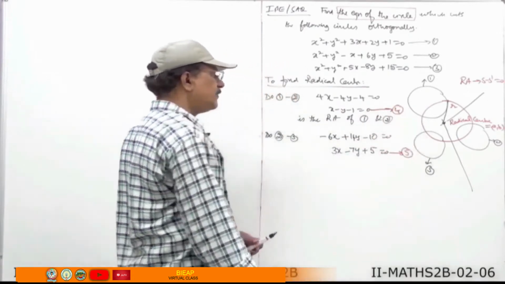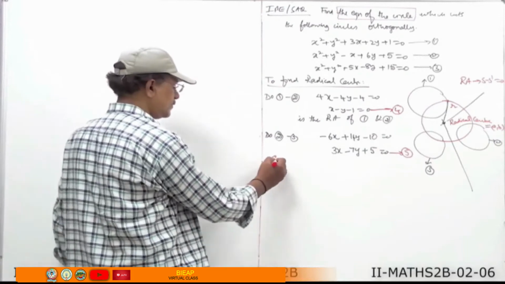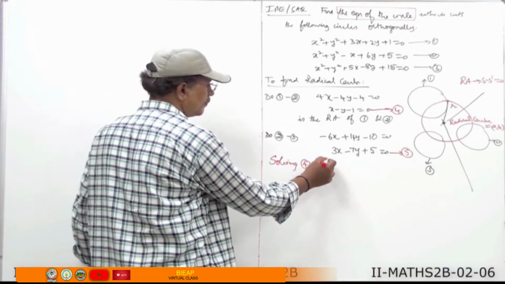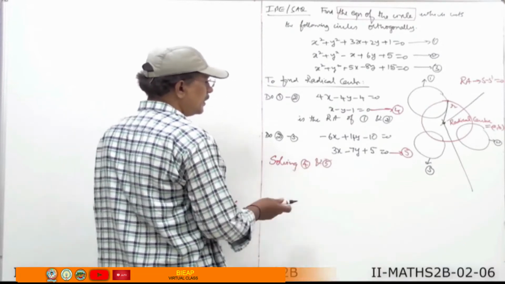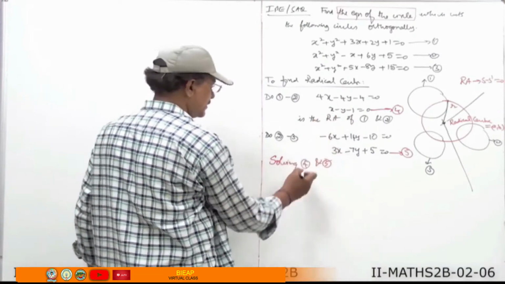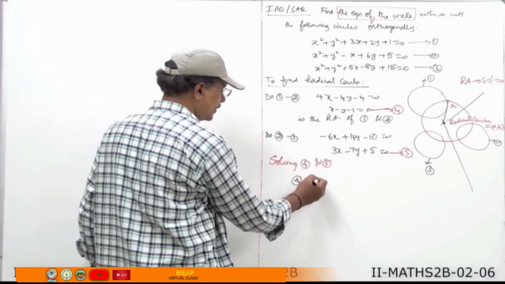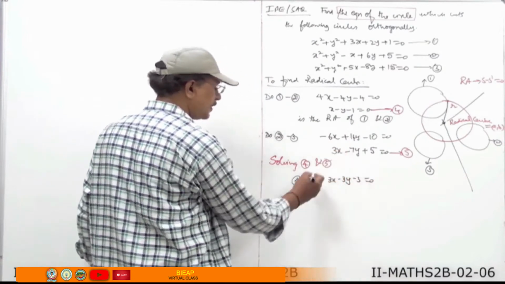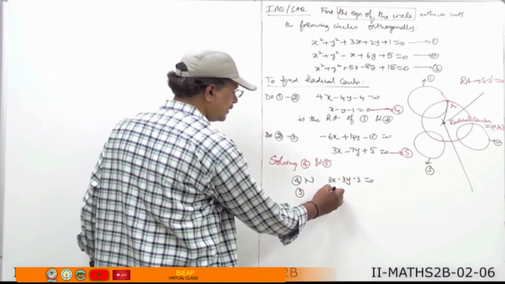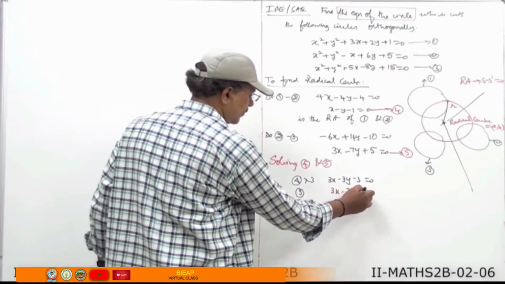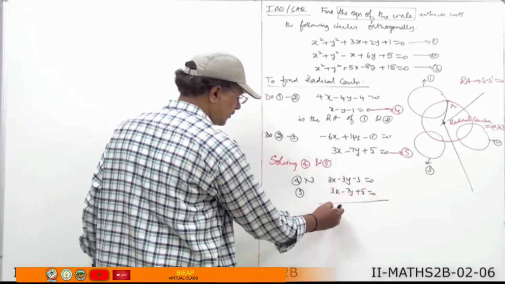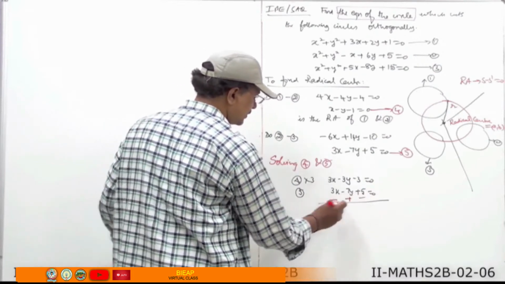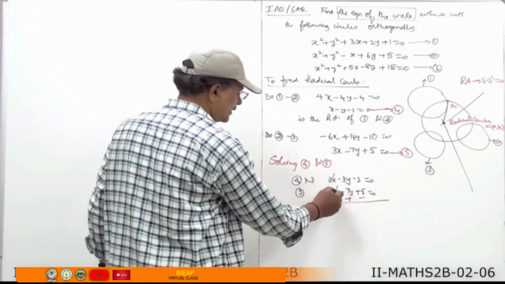Now you solve 4 and 5, and we get the radical center. Here we have x and here 3x, so multiply 4 with 3: 3x minus 3y minus 3 equal to 0. There is no change in 5: 3x minus 7y plus 5 equal to 0. Now subtract. Therefore, it is minus, plus, minus. So 3x gets cancelled.